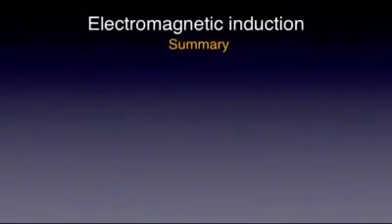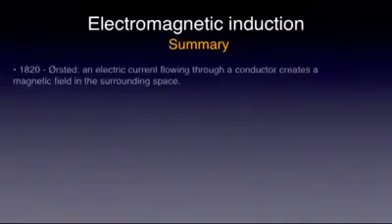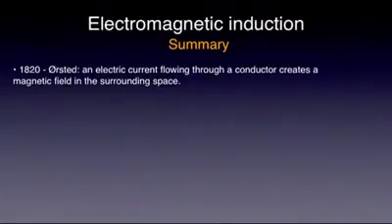Let's now recap the key points in today's podcast. In 1820, Ørsted discovered that an electric current flowing through a conductor creates a magnetic field in the surrounding space.